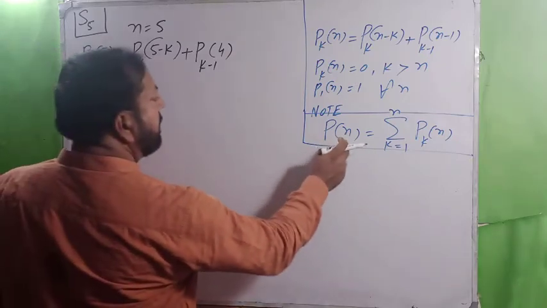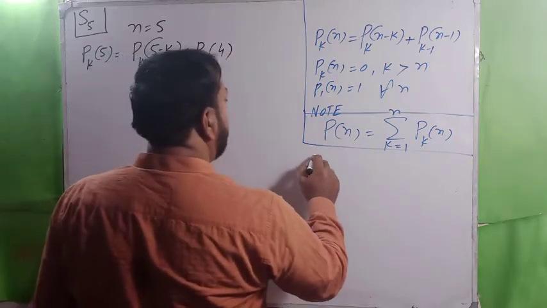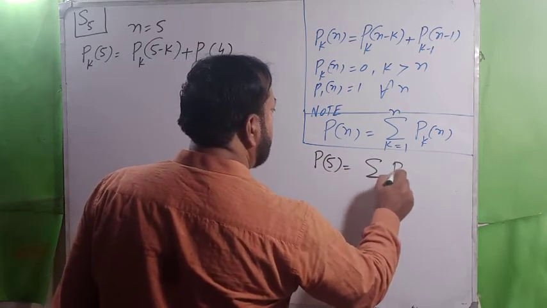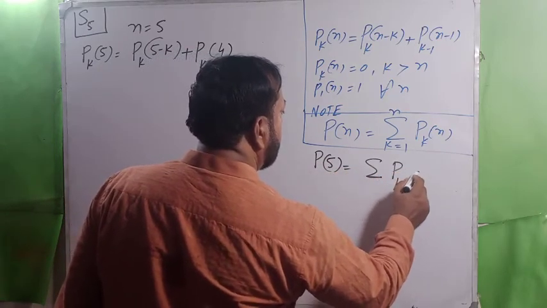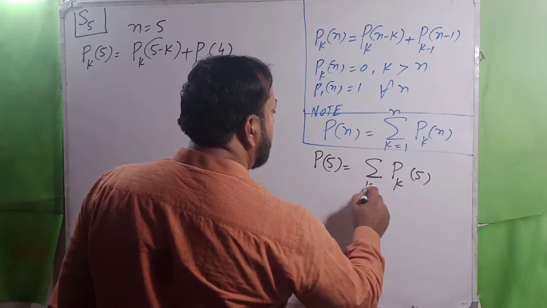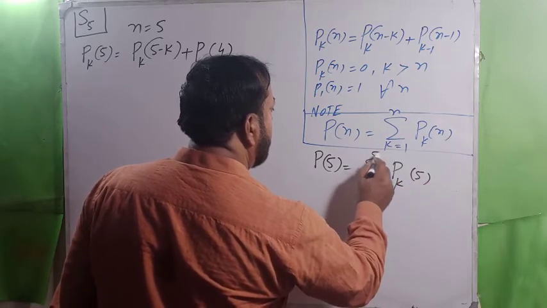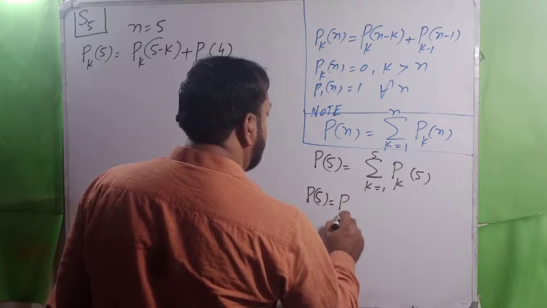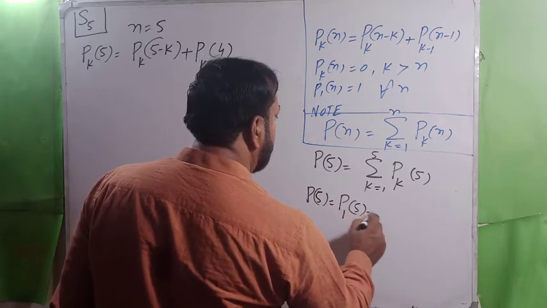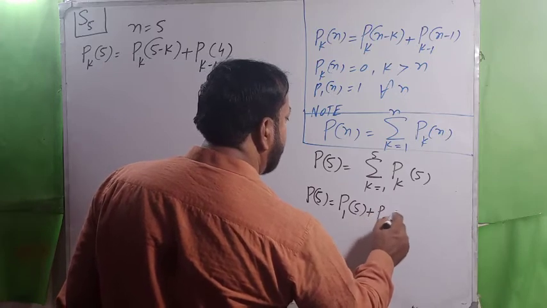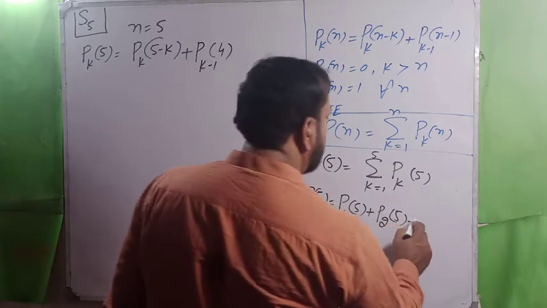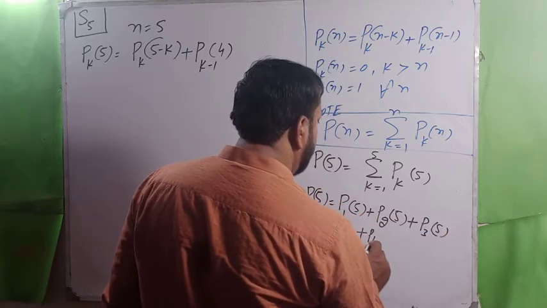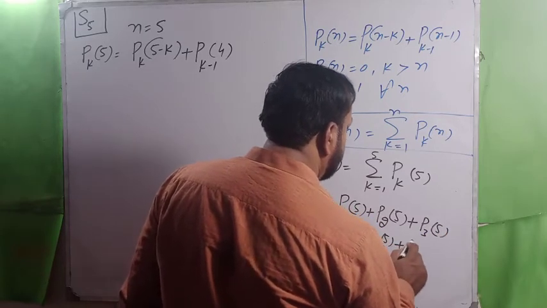And what is Pn? Here P5 would be equal to the summation of Pk5, k from 1 to 5, and P5 would be equal to P15 plus P25 plus P35 plus P45 plus P55.